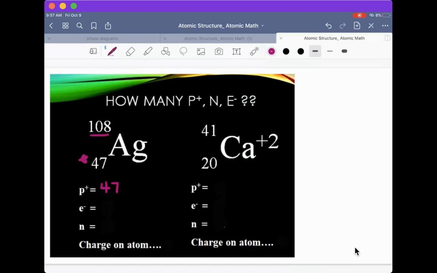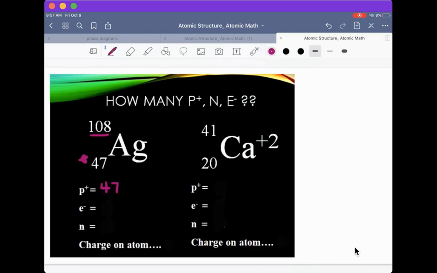So we take the mass number and subtract the number of protons. So when we do that, 108 minus 47, it's going to give us 29.